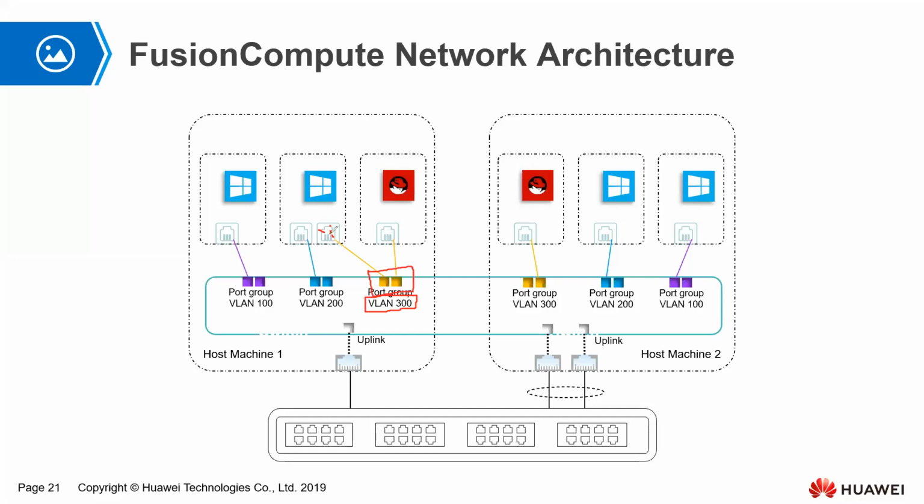And if this port with the port group 200 wants to send packets, it will have to send them through the uplink, through the virtual switch, and then they go all the way to our VLAN 200.